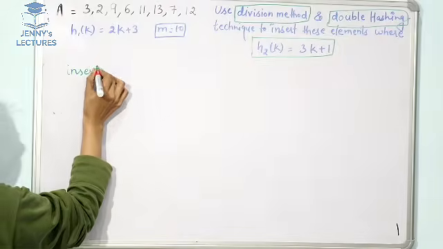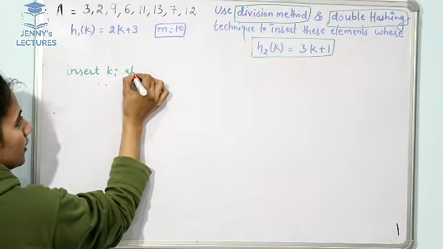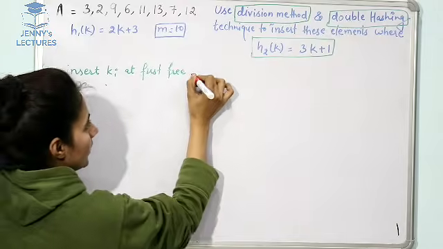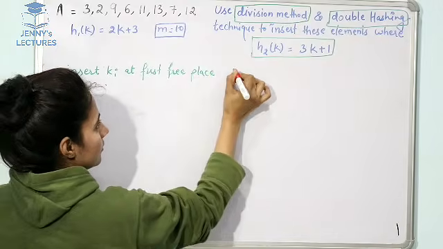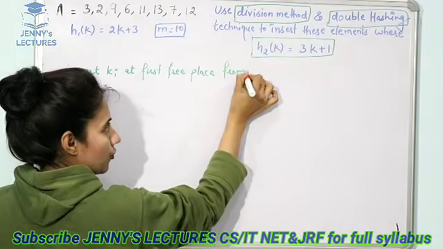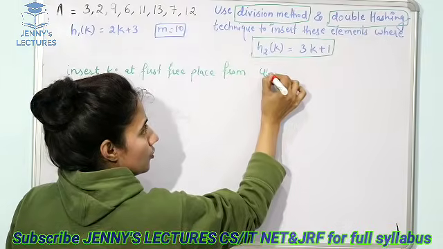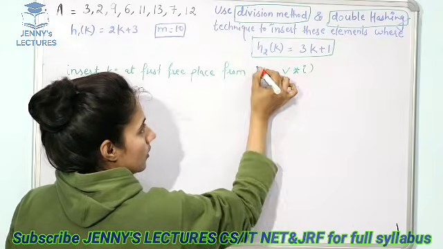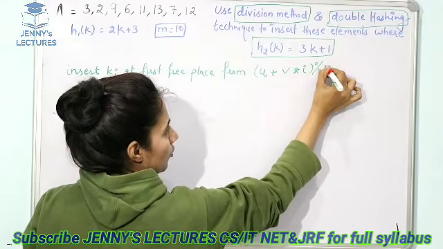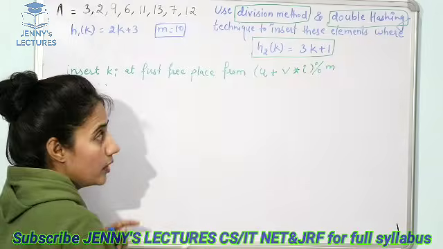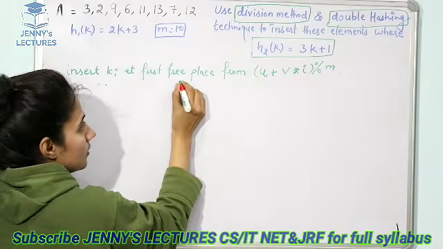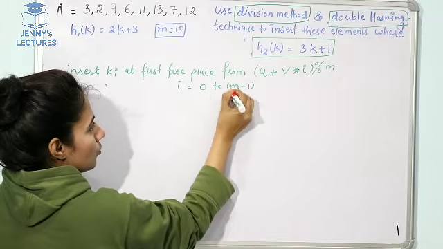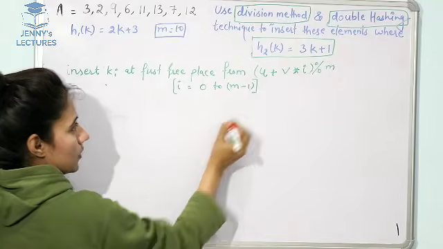Insert k at the first free place from (u + v * i) mod m, and here i will range from 0 to m minus 1. This is the simple rule.